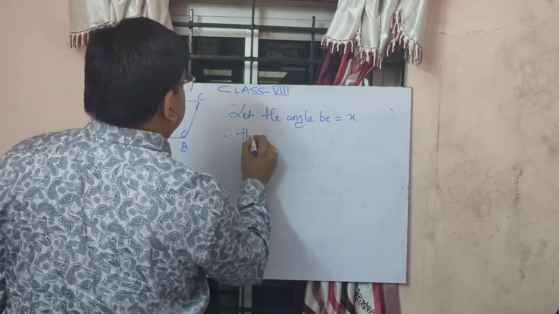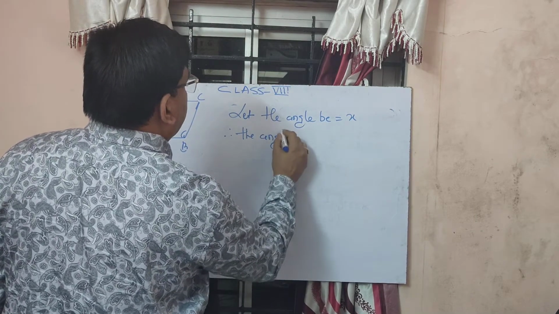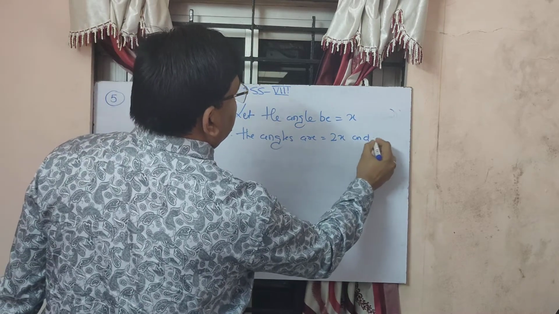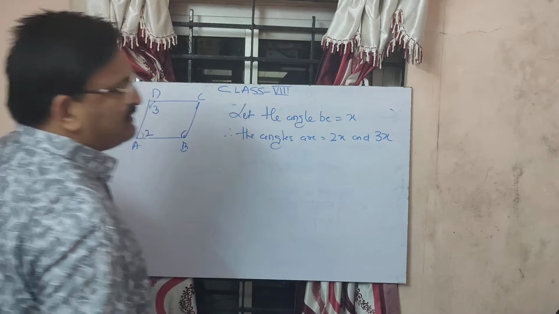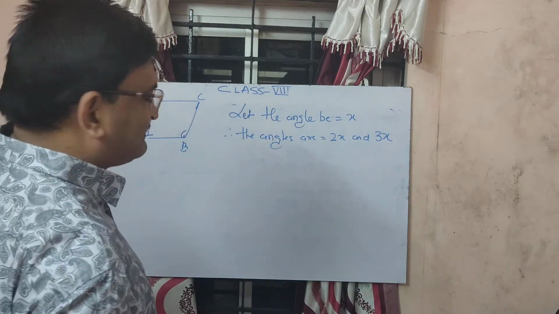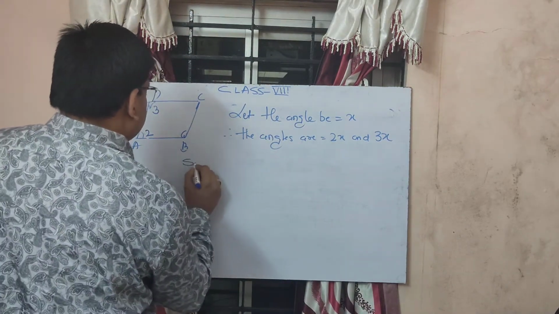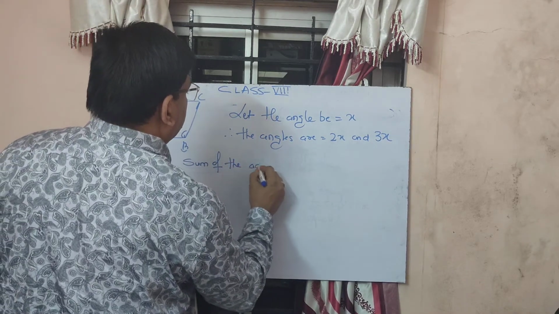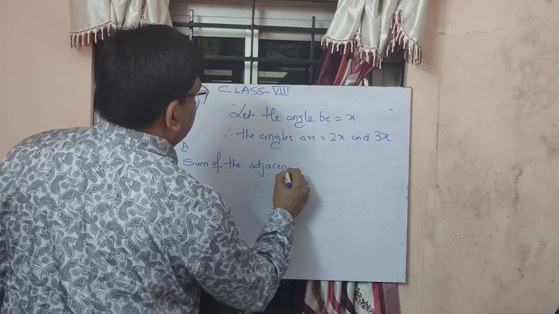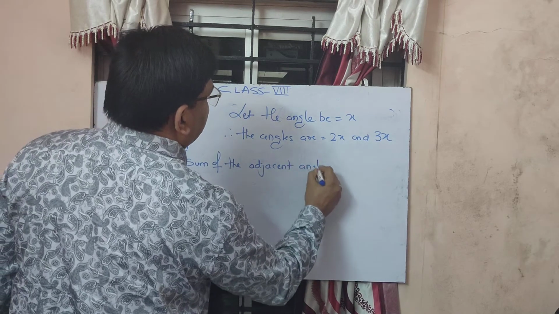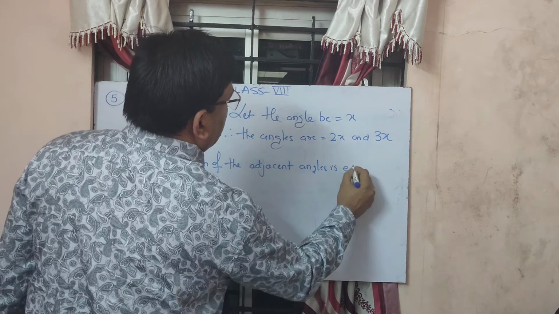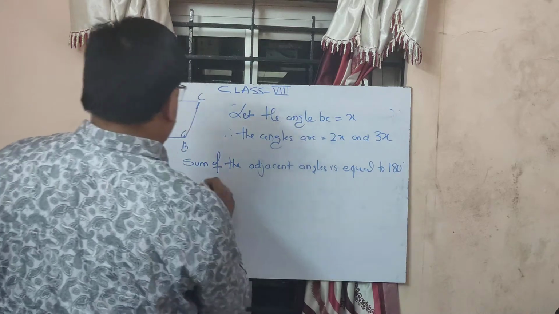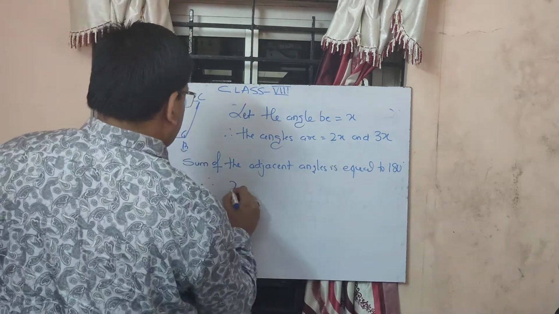Therefore, the angles are 2x and 3x. What does the property say? The sum of the adjacent angles is equal to how much? Equal to 180 degrees.